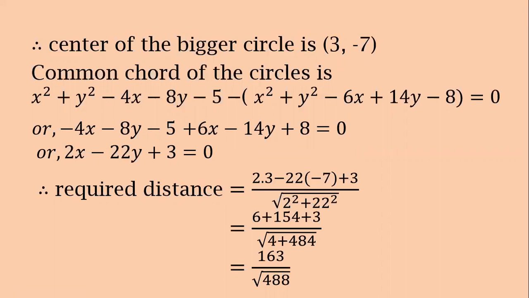This is 6, this is 14 and 3, and 4 plus 484, this is 163 by root over 488. So this was the center of bigger circle and this was the common chord. And this is the required distance.